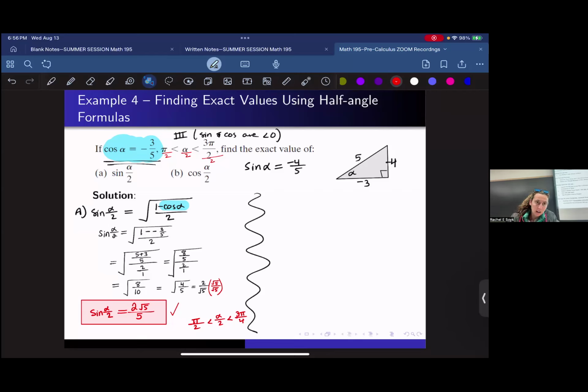Now let's look at our B. And now that we did the whole alpha over 2 here to get between 90 and 135, we know that that's in our second quadrant where sine is positive, but our cosine is negative.